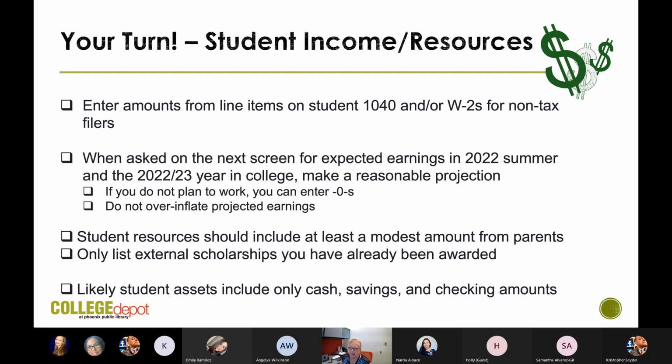Student expected income and benefits. You're going to be asked some things you probably cannot answer today, but we're going to ask you to estimate and to guess and estimate accurately. When you are asked on the next screen after you enter whether you worked or not, what do you expect to have in the coming year? You're going to be asked first for, are you planning to earn any money this summer?